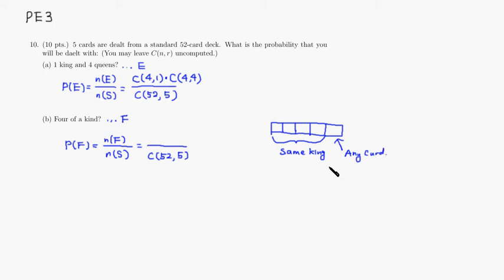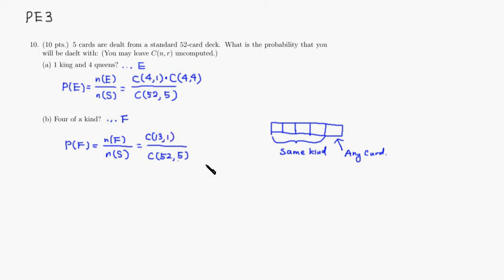So we just have to find the number of ways to choose a kind. There are 13 kinds to choose from, and we have to pick 1 kind. So 13 choose 1.